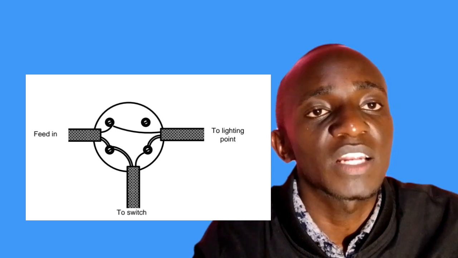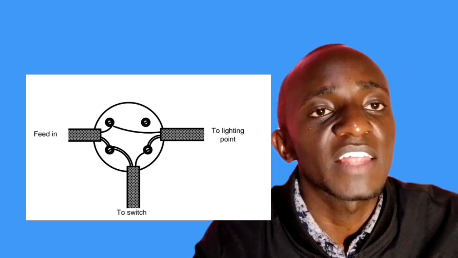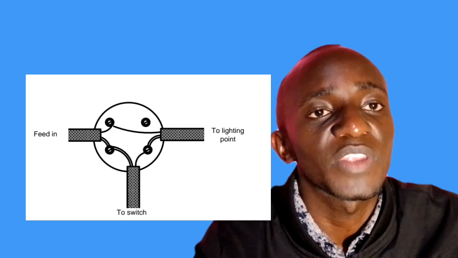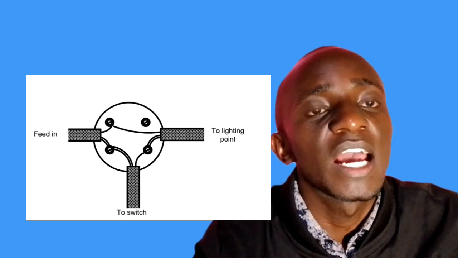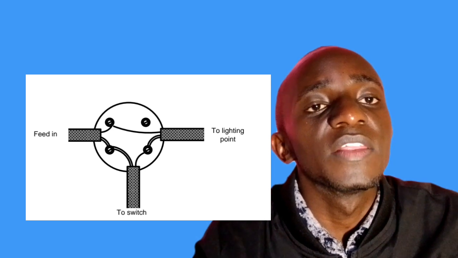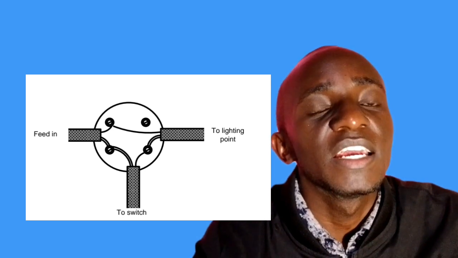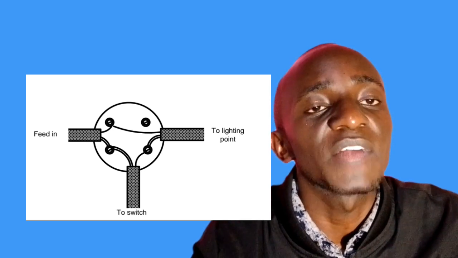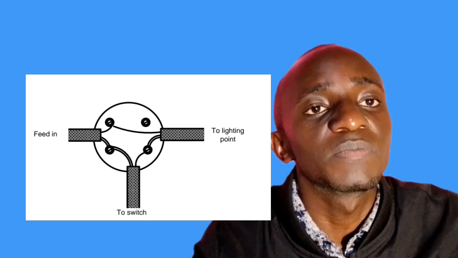So we have one cable from the supply, the other one to the common part of the switch, and the other one to supply the next lamp. Then the last part is the terminal to the lamp and the terminal to the load part of the switch.